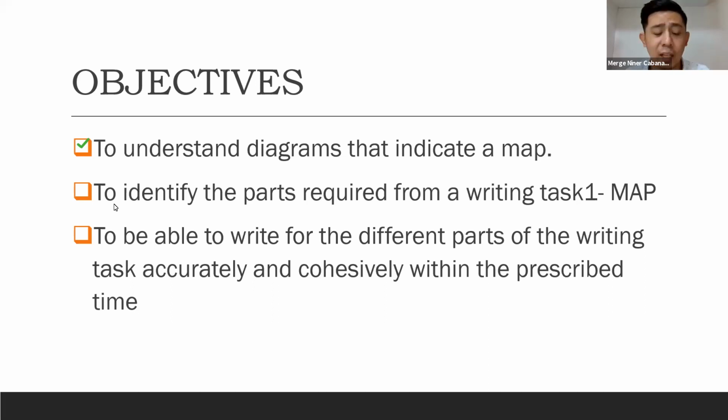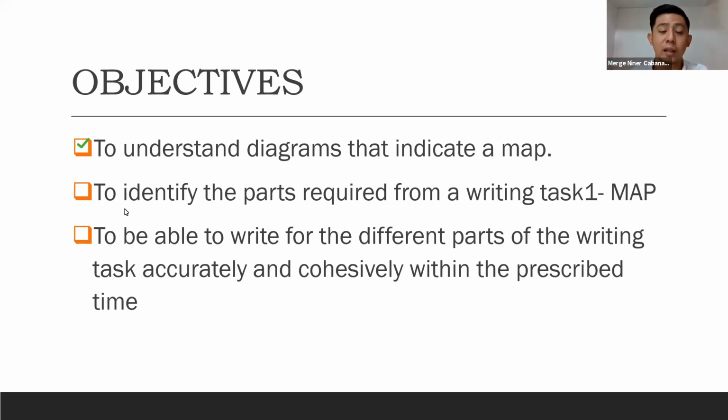perception. Another objective that I want you to put in front of us would be to identify the parts required from a Writing Task 1 map. So not only are you going to provide a statistical report, you shall also present them in a manner that is coherently and logically arranged. This task follows certain rules.